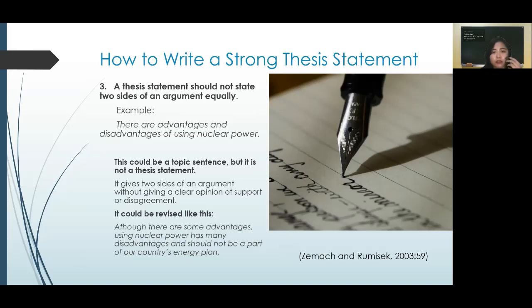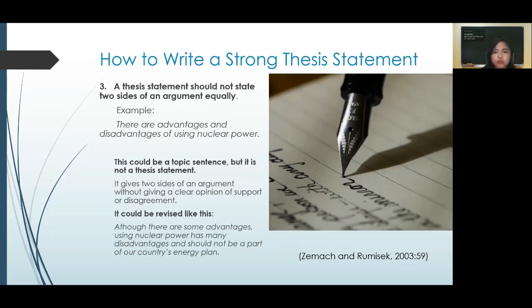To make it strong, you need to have one side of the position or opinion in your essay. For example, like this: there are advantages and disadvantages of using nuclear power. Advantages and disadvantages means that you are on two sides of the argument here.